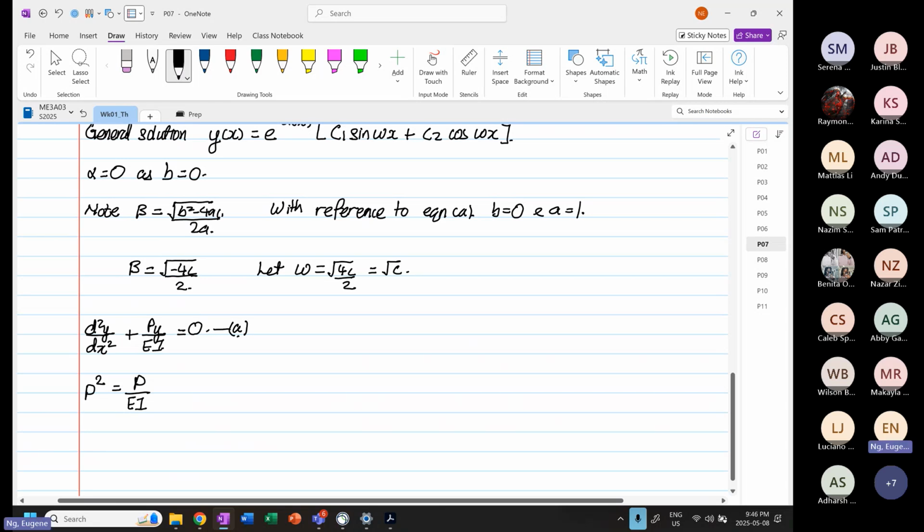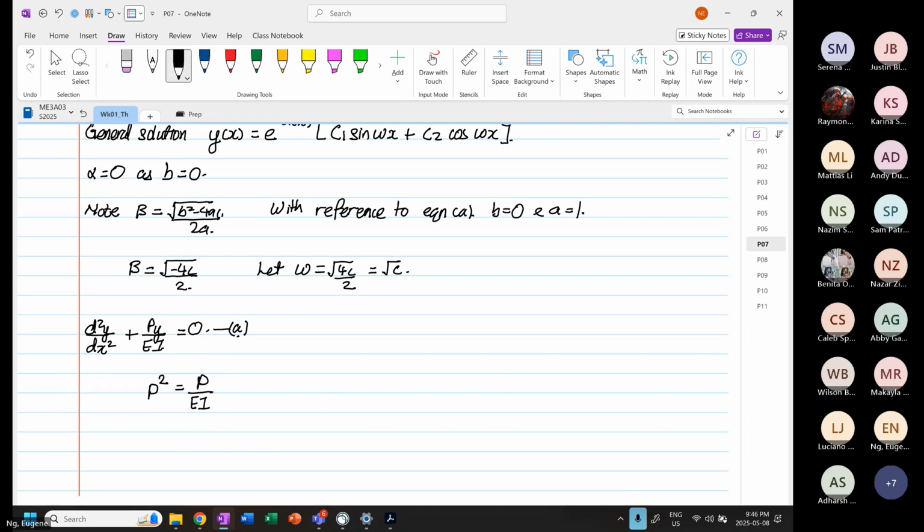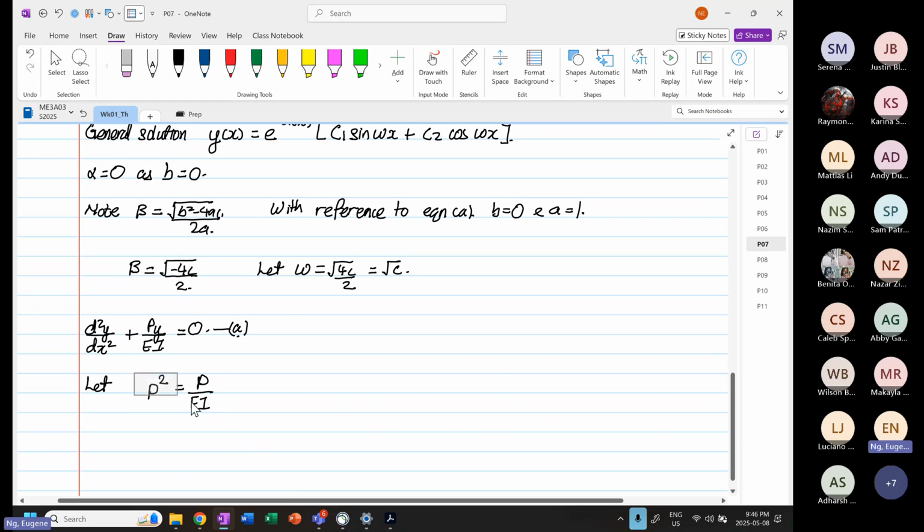Let me write down, let small p squared equal to P over EI. Now this is small p, not capital P. You can see that it's with the line. The small p is on the line, the other P is above the line.